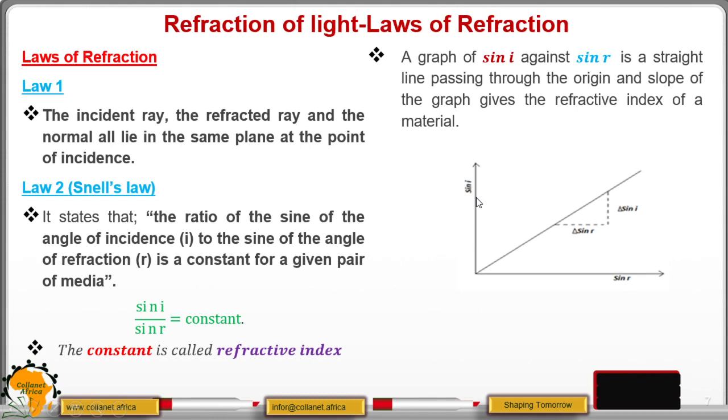We have the y-axis having sine I and the x-axis having sine R. So when you get the gradient of this straight line, you will get the refractive index. That is, change in sine I over change in sine R is equal to refractive index n. Remember, this Snell's law, you are supposed to verify using an experiment.